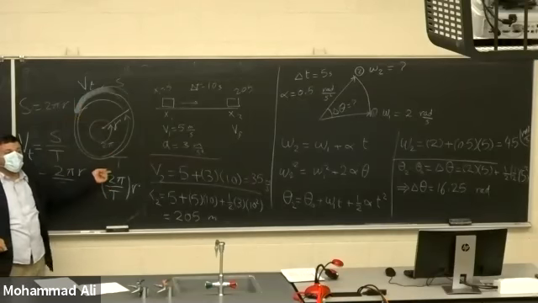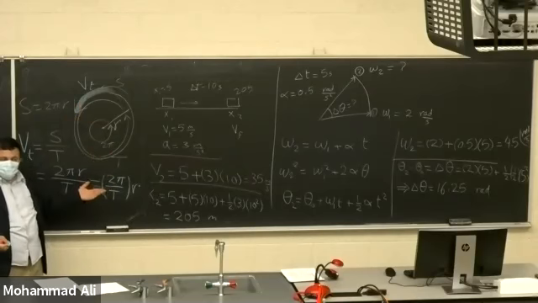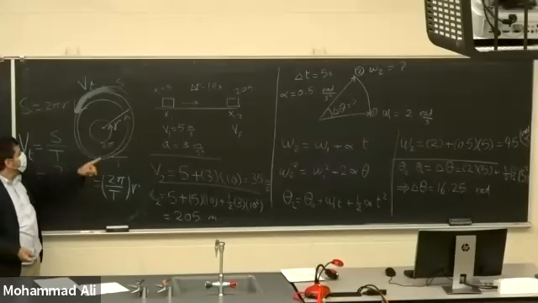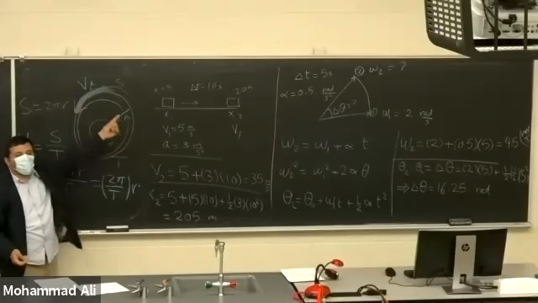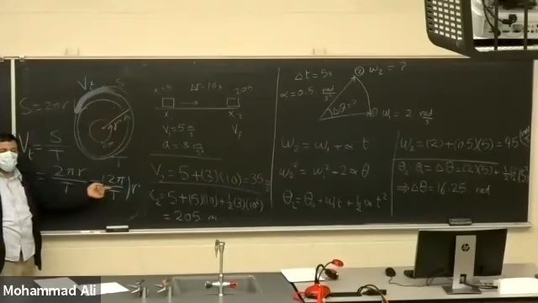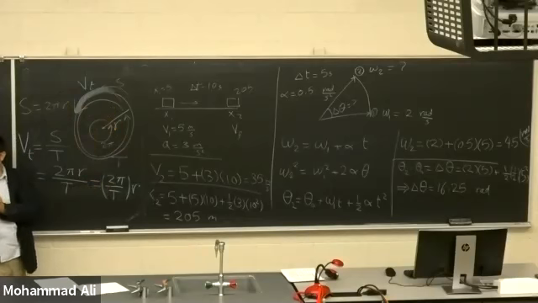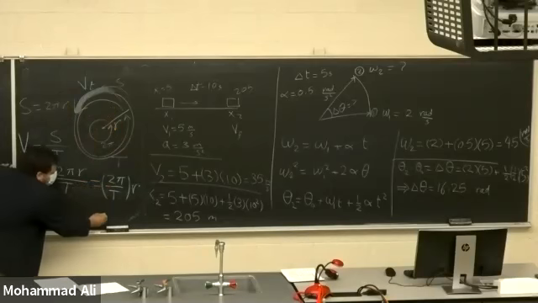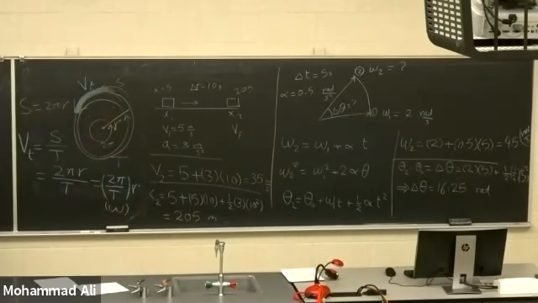This is a rotation per time, which is a velocity during the total period. We talked about it the previous time. 2 pi over T is omega.